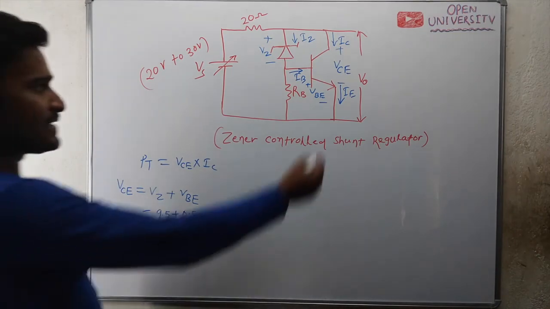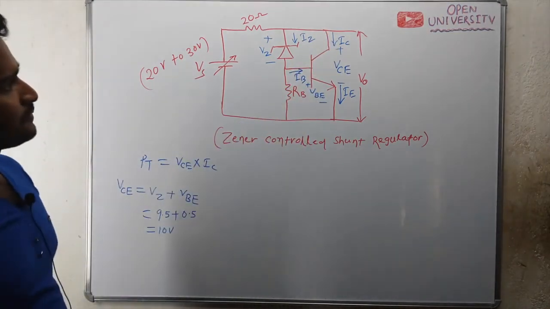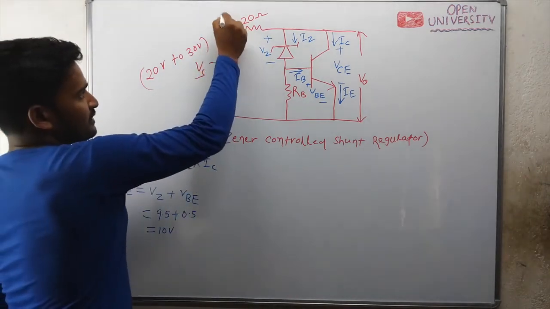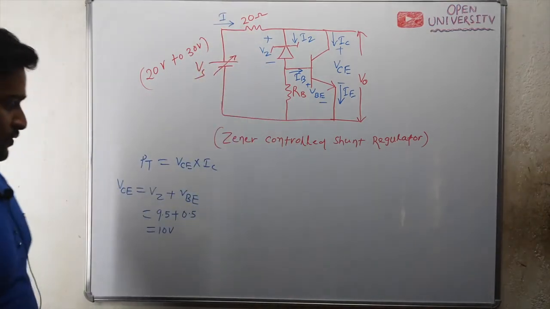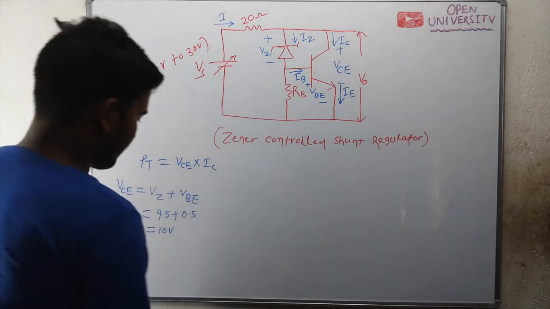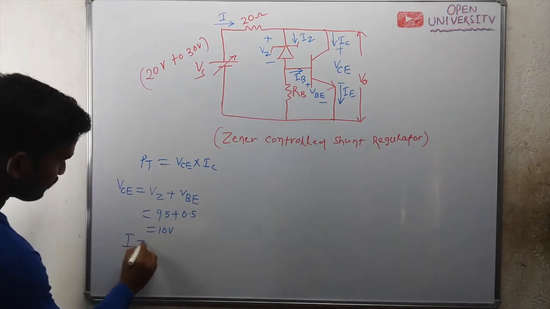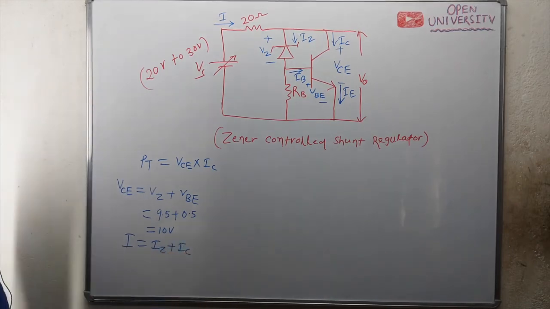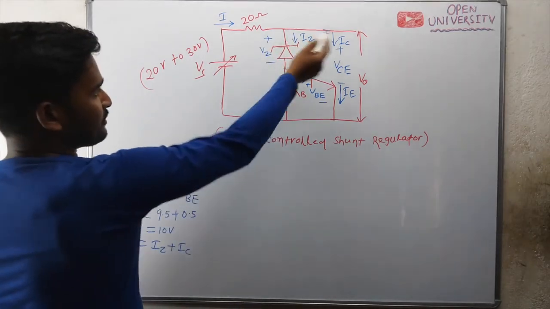Then how to get IC? Let the current through this branch be I. So you can say I equals IZ plus IC.